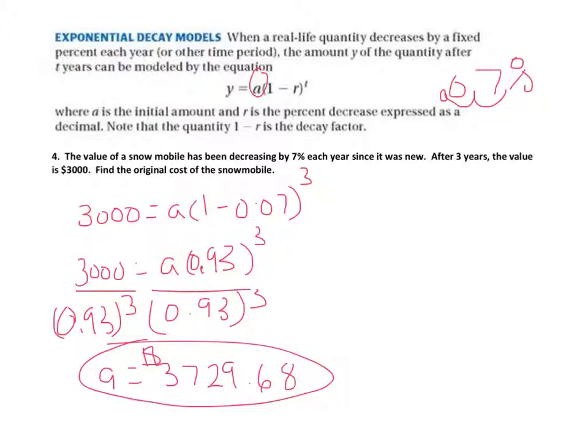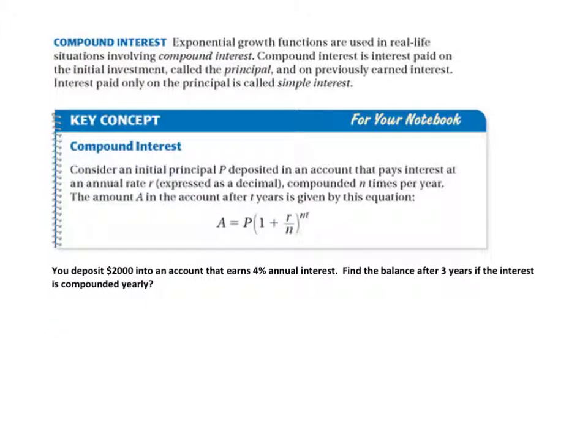There's another type of growth that we need to talk about. It's called compound interest. Okay? It says, exponential growth functions are used in real-life situations involving compound interest. Compound interest is interest paid on the initial investment called the principal. That's the P. And previously earned interest paid on only the principal is called the simple interest.